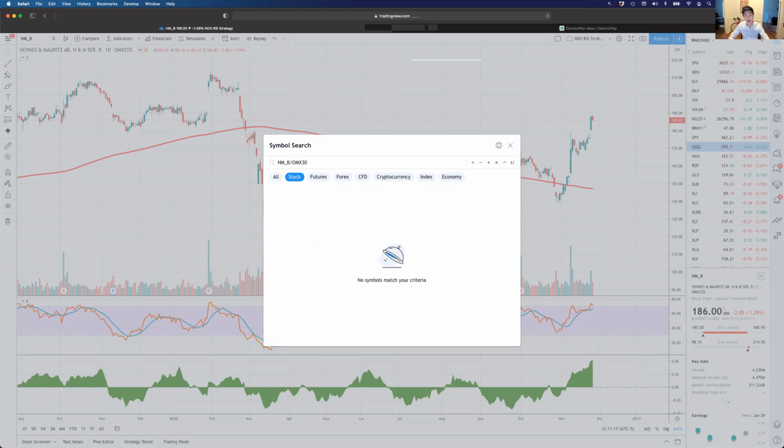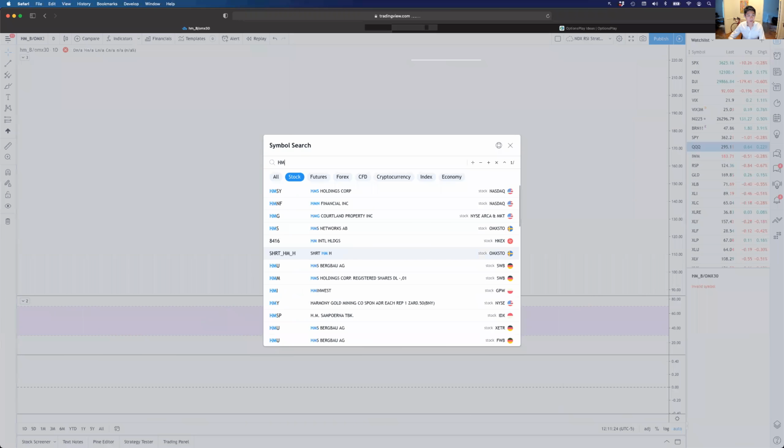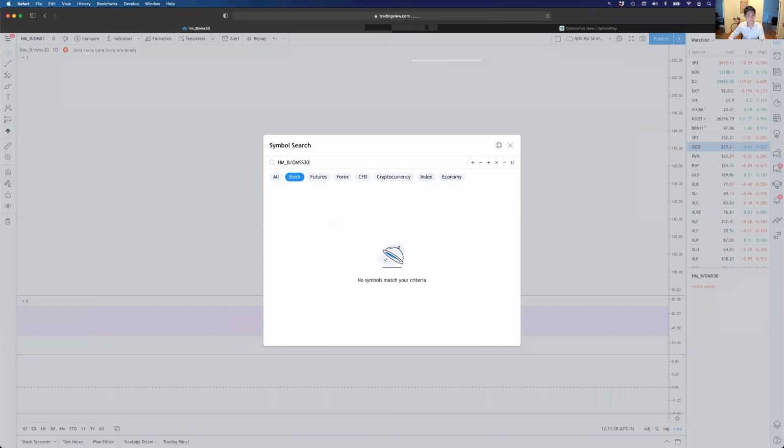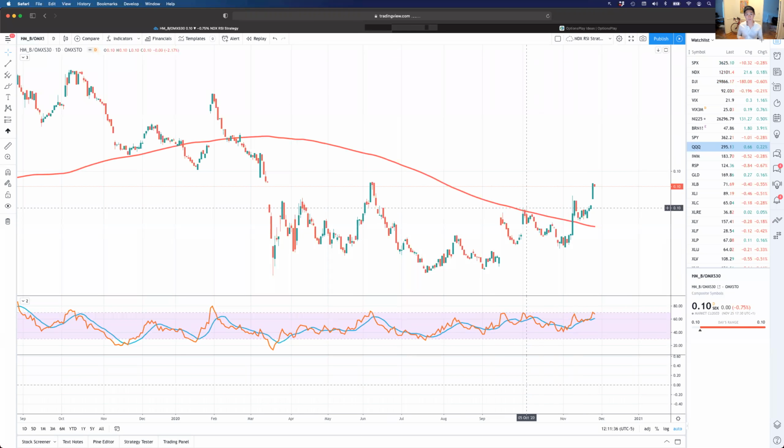You can have H&M_B divided by OMX S30. I keep spelling it wrong, sorry. And what it does is it shows me a chart of the H&M stock compared to the broader market, or the Stockholm S30 market.